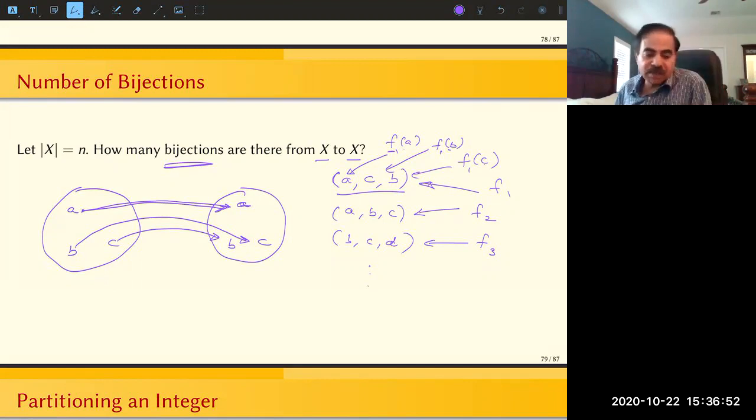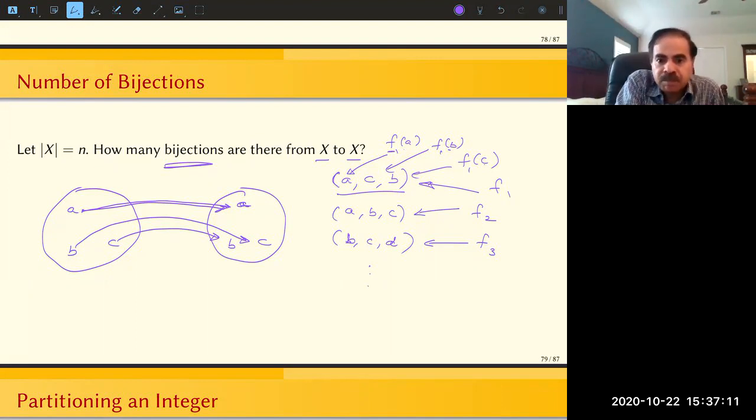These are all different functions because obviously no two rows are identical, which means that the functions differ at least at one point. So maybe they differ in the first position or the second position or the third position or the nth position.